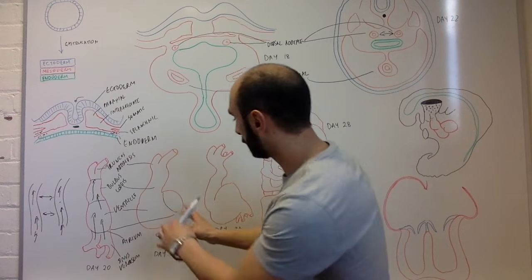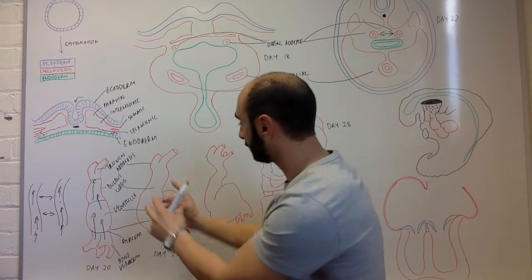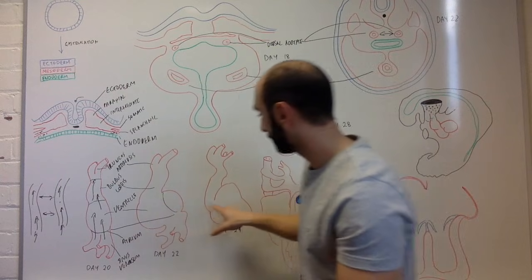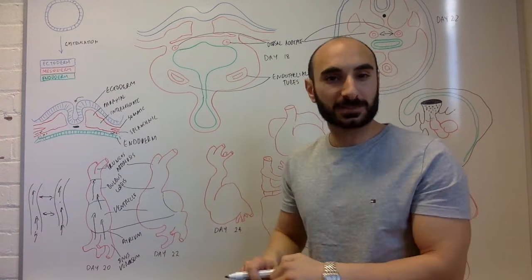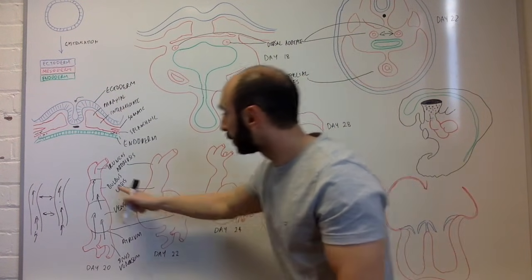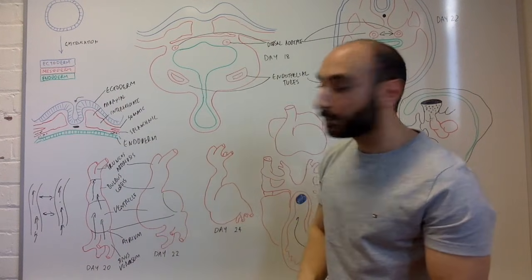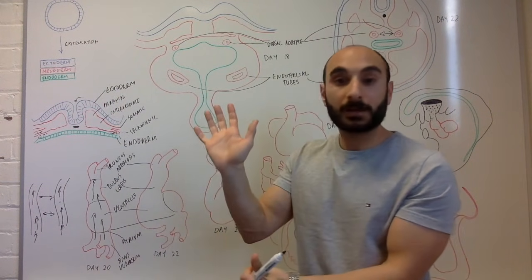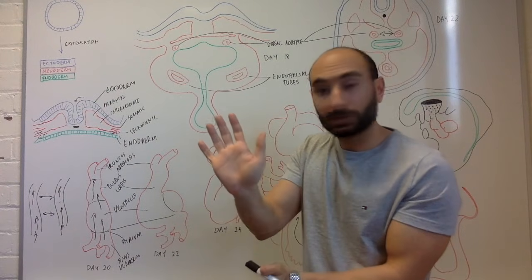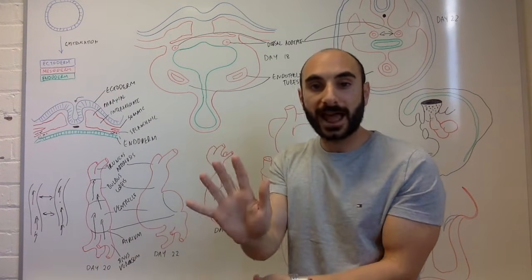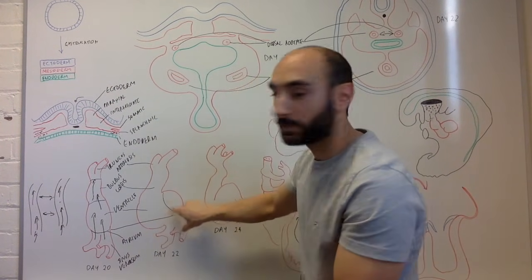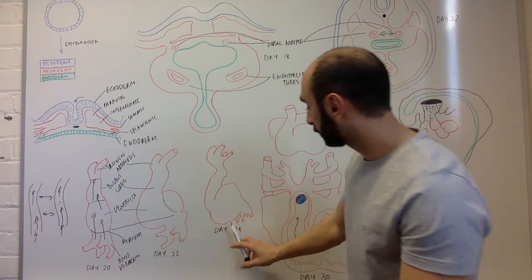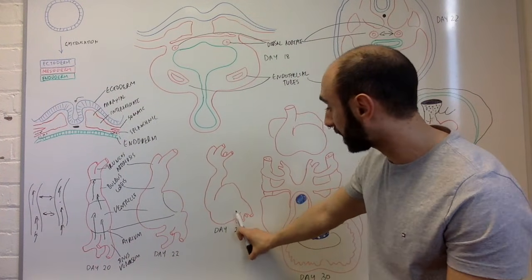So if we look at it from a little bit of a side view, a squishing up happening, if I can explain it in that simple way. So the truncus arteriosus and the bulbus cordis fold ventrally and dorsally, so forward and down, and squish up the rest of them. And by day 24, we'll have the heart looking like this.